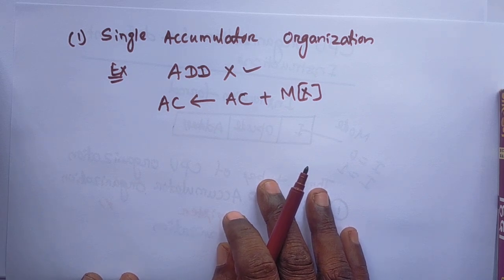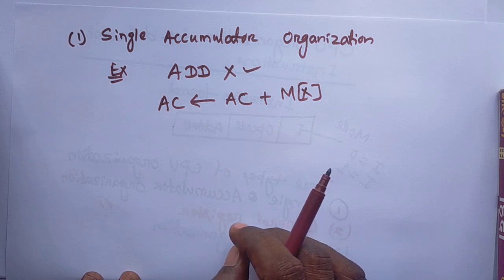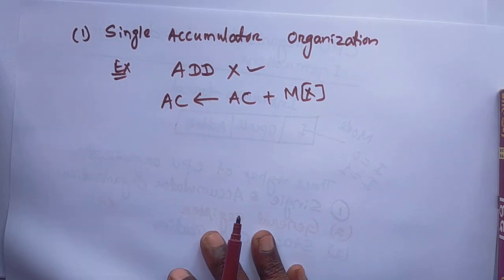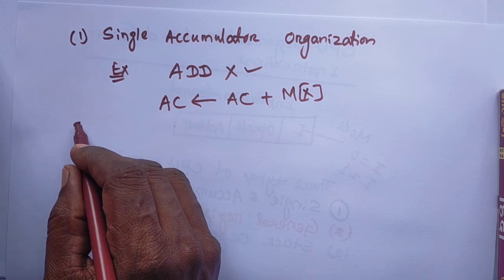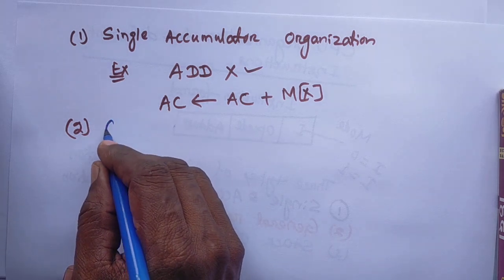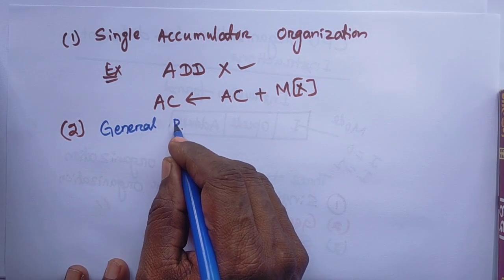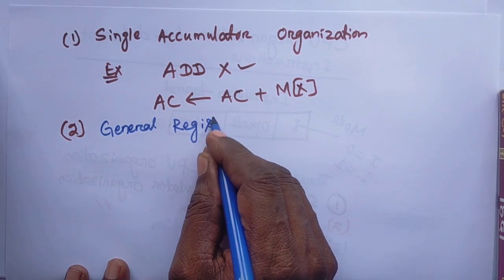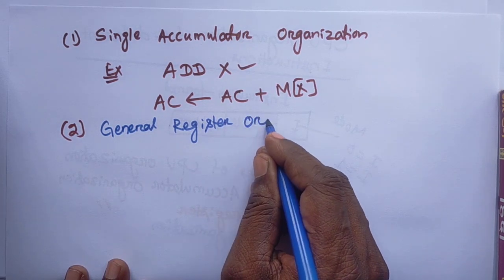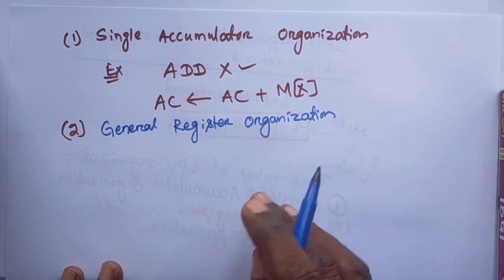Next, there is another way we can define it. Okay, the second part is general register organization. So how is it defined?